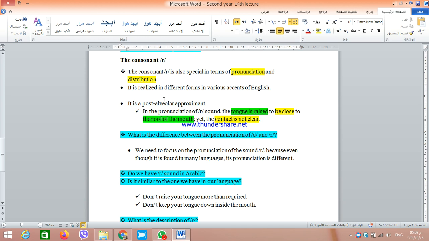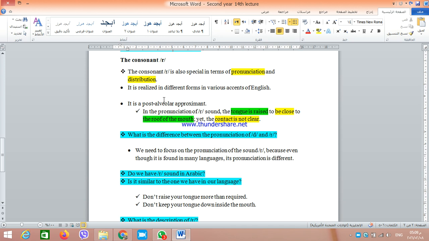The tongue is raised to approximate the roof of the mouth, but we have no clear contact between them. If we make a clear contact between the tongue and the roof of the mouth, the result will be a ra that is not English-like.